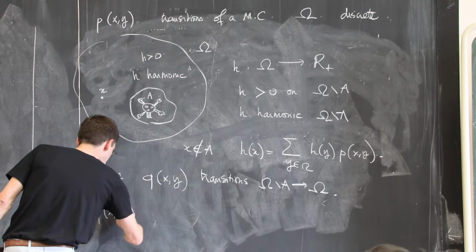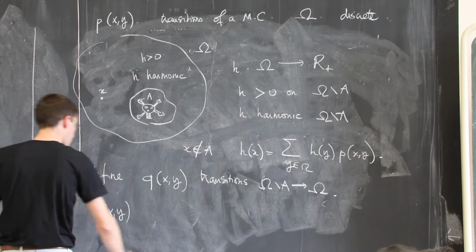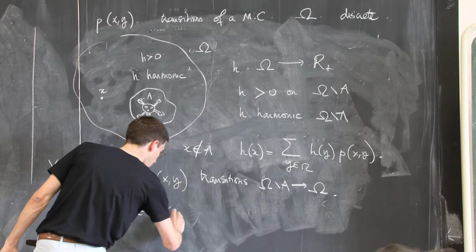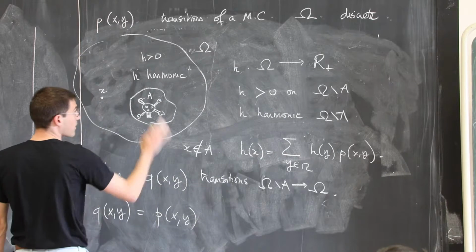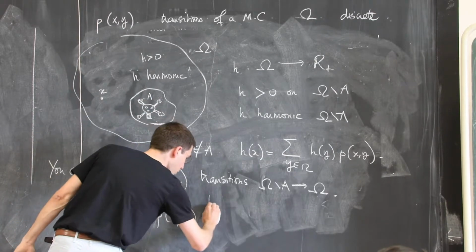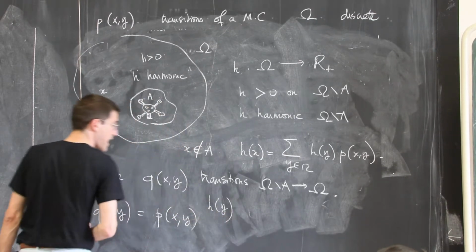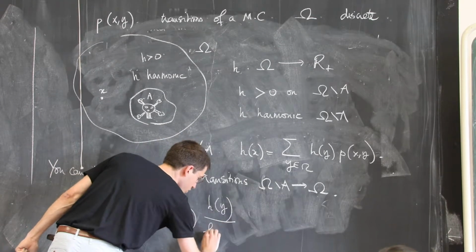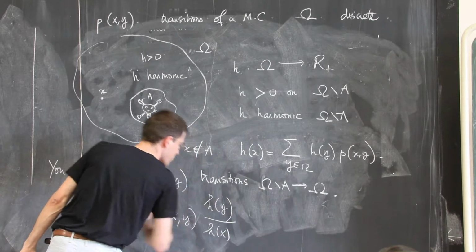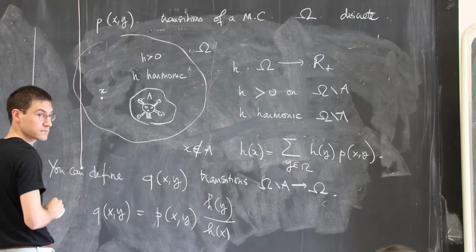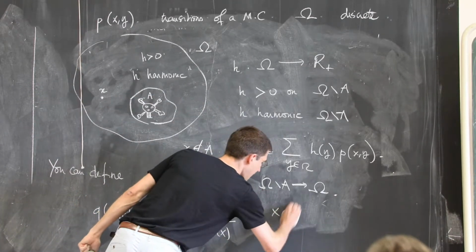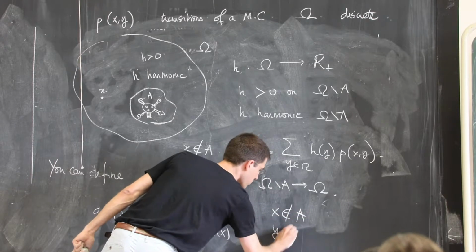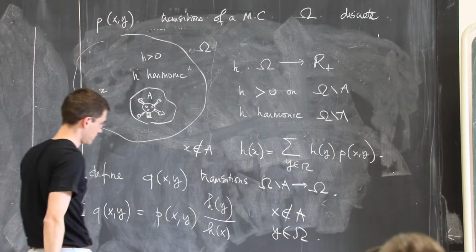Q of xy is just equal to the former transition P of xy, but you modify it with this harmonic function by putting the harmonic function where you arrive, h of y, divided by the harmonic function where you start, h of x. That's for all x not in A, and y could be in omega.